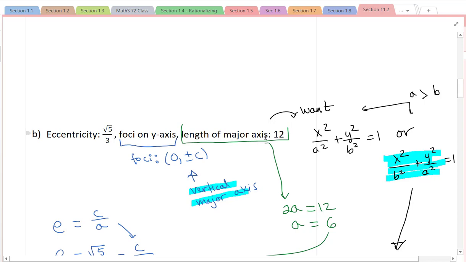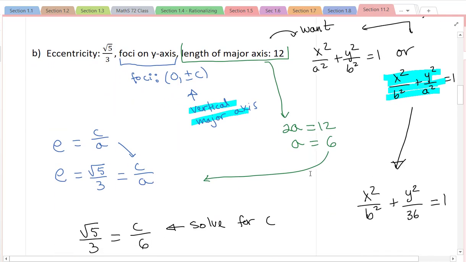And the length of the major axis is 12, so I can find my a right away. So really from here, to be more organized, once I find a, I would have gone to this equation: x squared over b squared plus y squared over 36 equals 1.